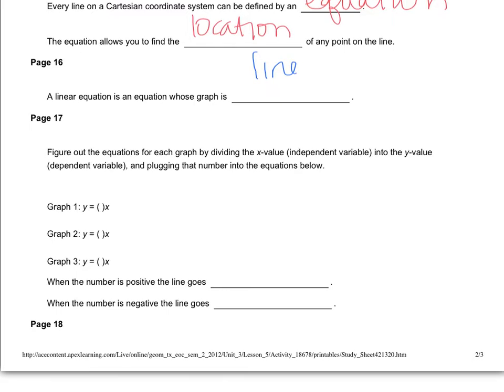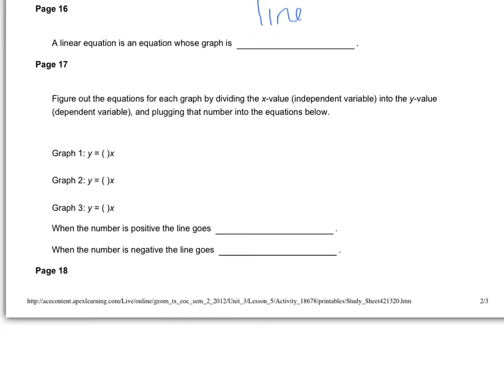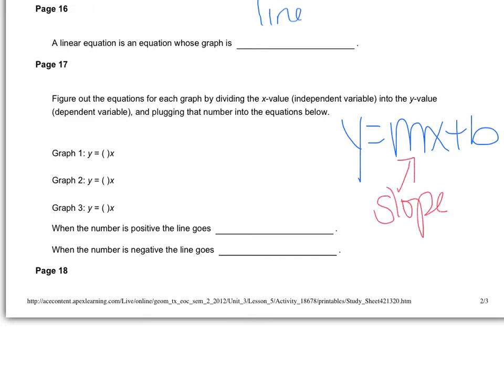So looking at the bottom, it says then when we have an equation, our equation is always going to be in the form of y equals mx plus b. M is our slope. And our slope determines a lot about our line. It determines whether our line is steep or flat, so if it's really steep or if it's kind of flat.